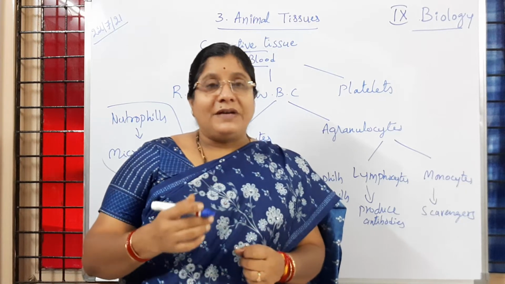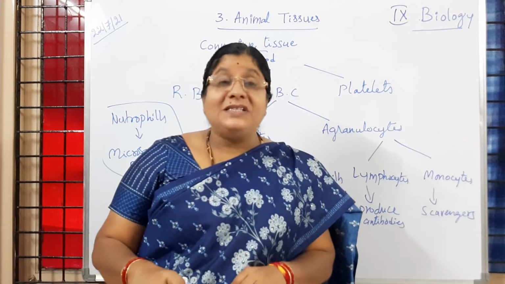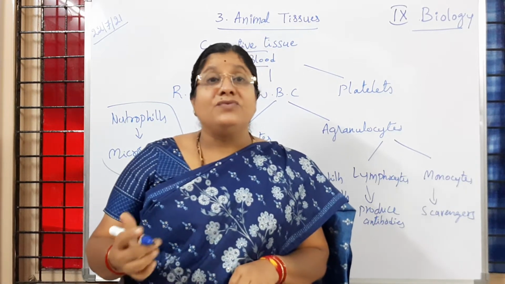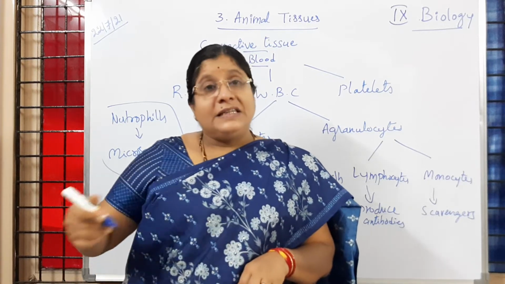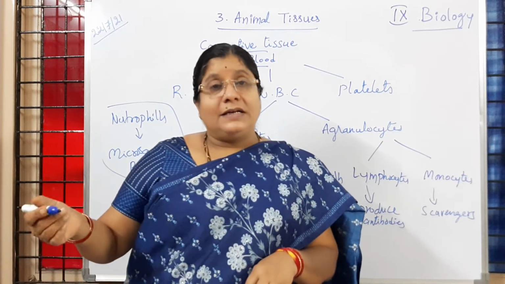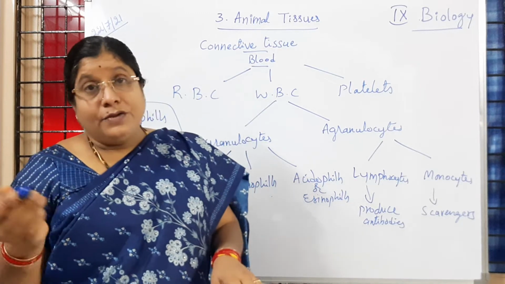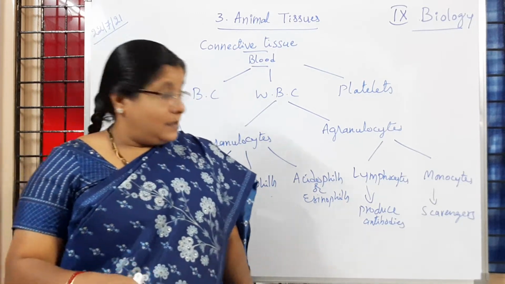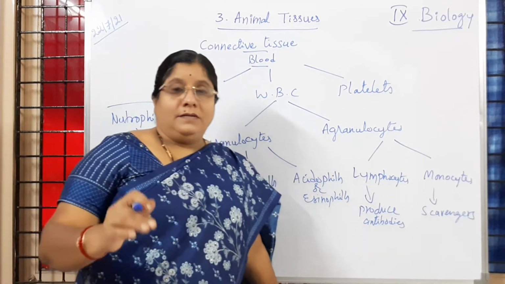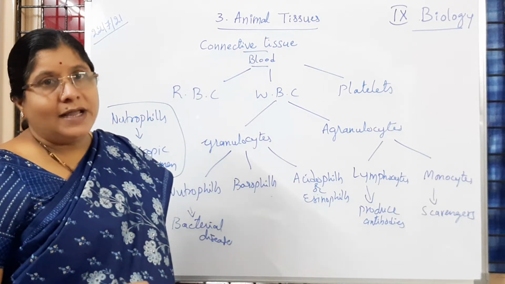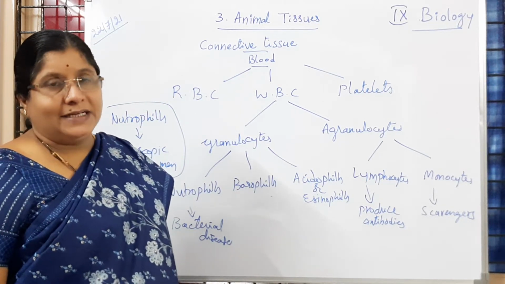When they die, what will happen? The dead WBC come out of our body from wounds or injuries, or they reach what you learnt in the first lesson, the lysosomes, which are called the graveyard for cells. Is it clear to you?